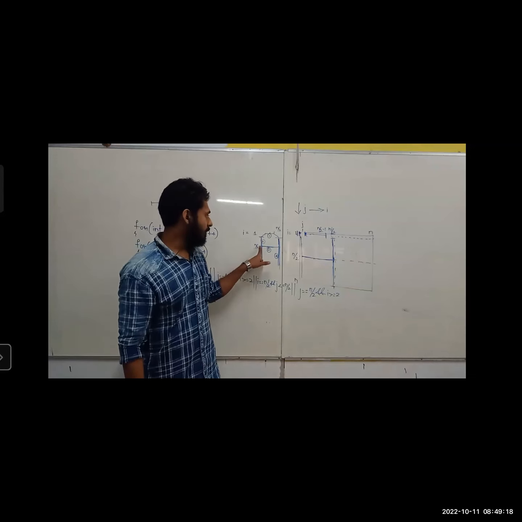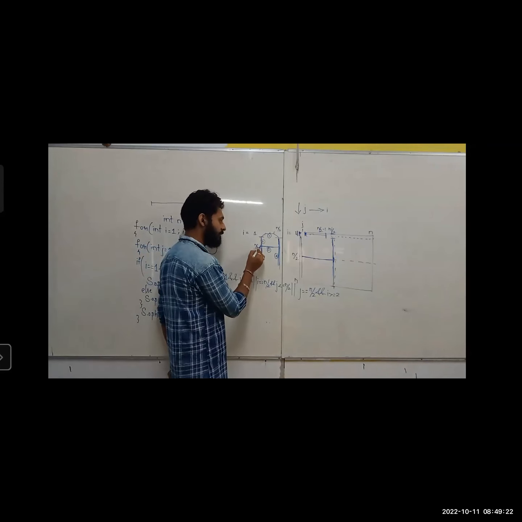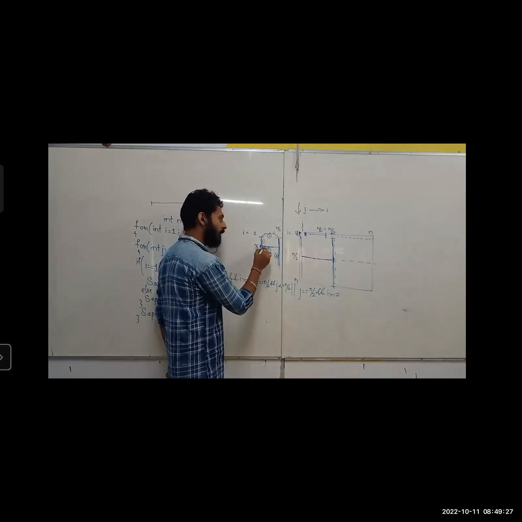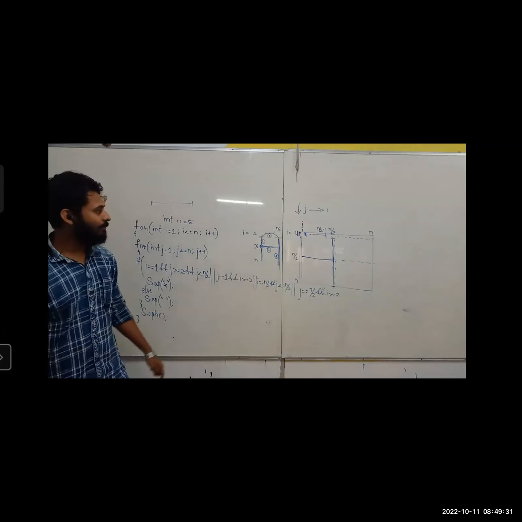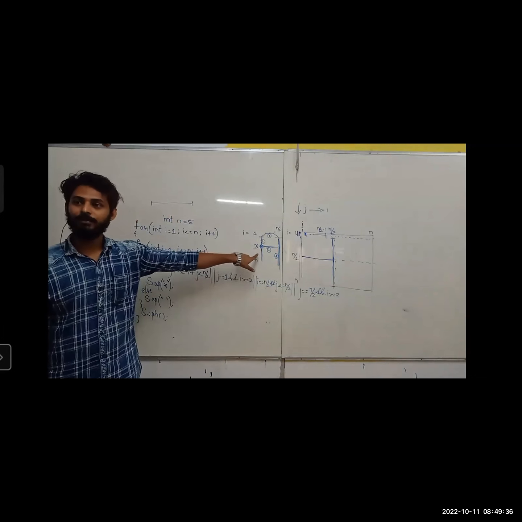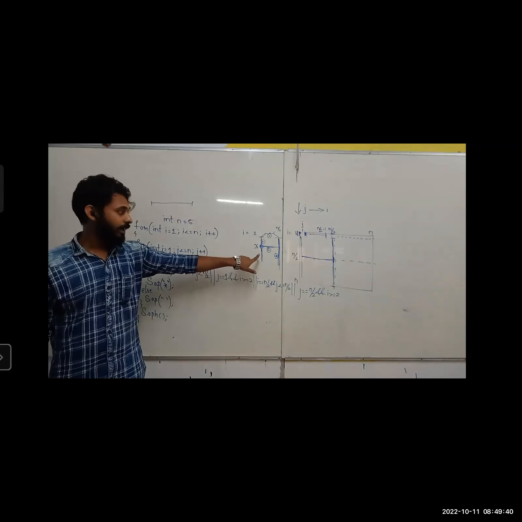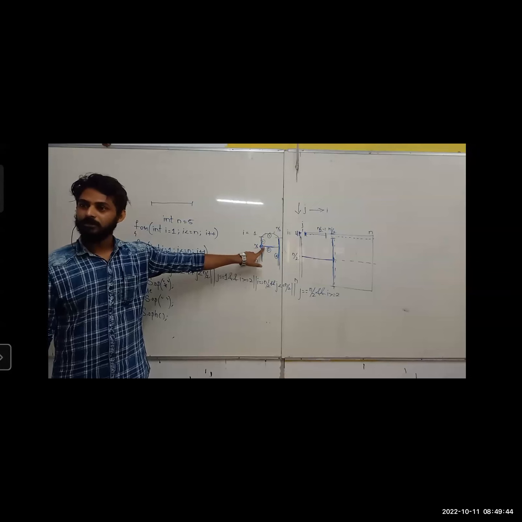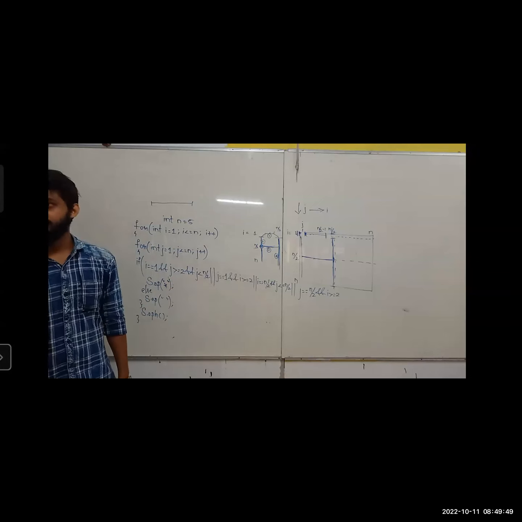Either this star will get printed from this line or from this line. It depends on how you write your condition. If I'm writing this condition first, that star will get printed because of this line. Or if I'm writing this condition first, then it will print the star because of this. It depends on which condition is coming first.